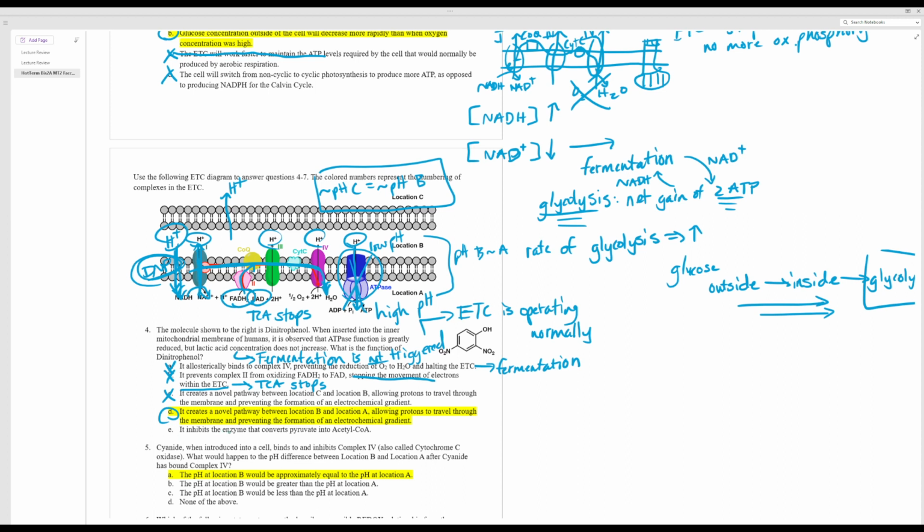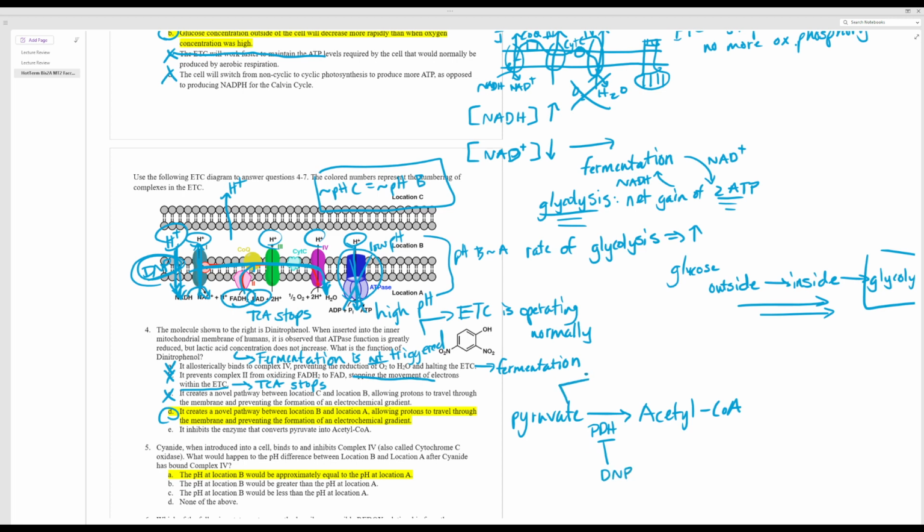And E, it inhibits the enzyme that converts pyruvate into acetyl-CoA. Well, if this is true, aka pyruvate dehydrogenase, that's the enzyme it's referring to, PDH. So what this is saying is dinitrophenol is inhibiting PDH.